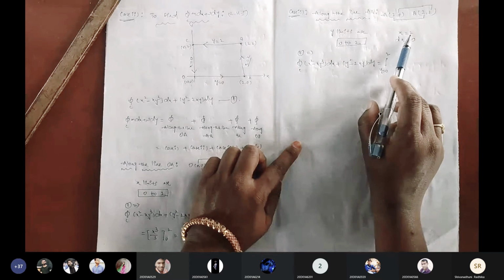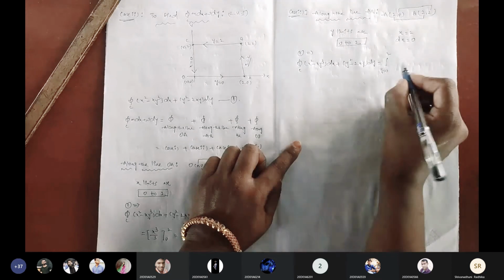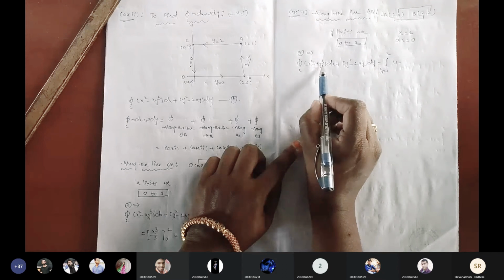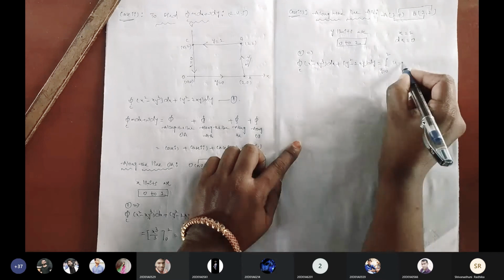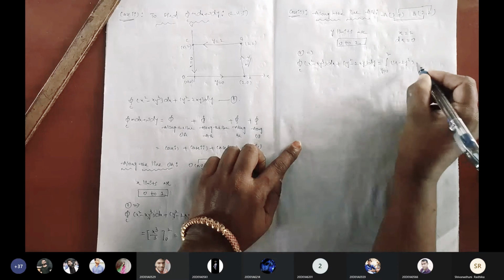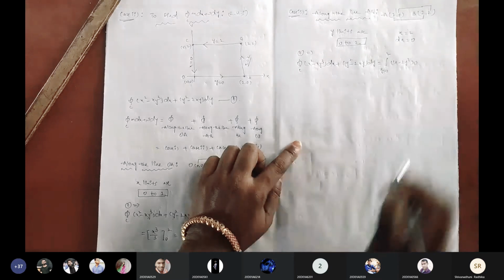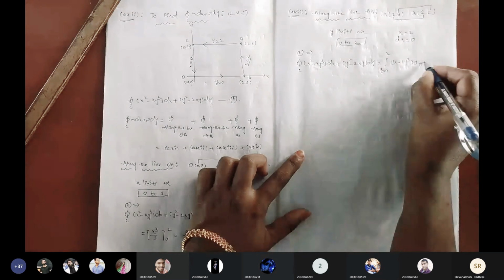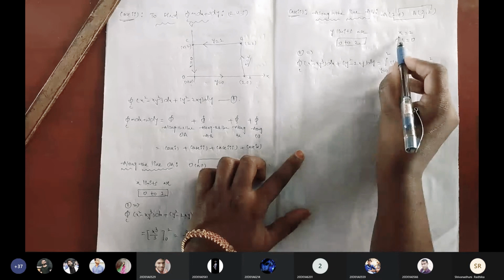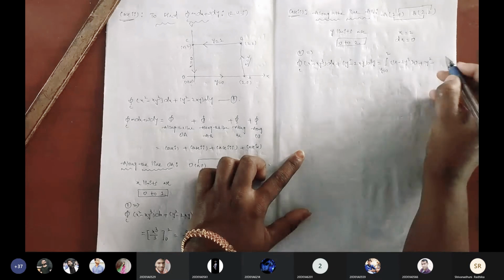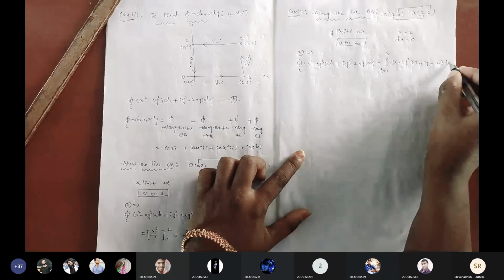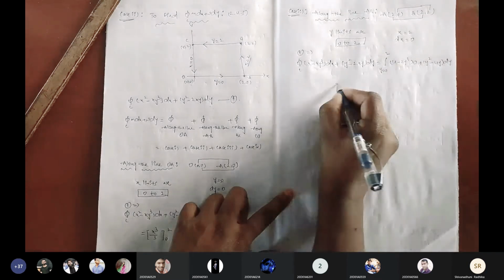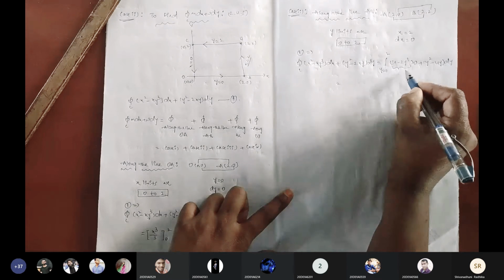Here x value is 2: 2 square is 4, minus y cube, 2y cube, into dx. What is dx here? 0. Completely that is 0. Plus y square minus 2 into 2, 4y, into dy. Now this integration is completely in y, and the dx term is completely 0.